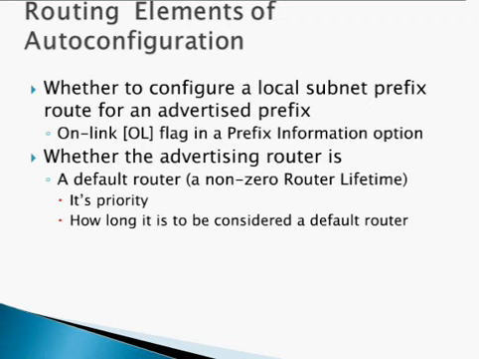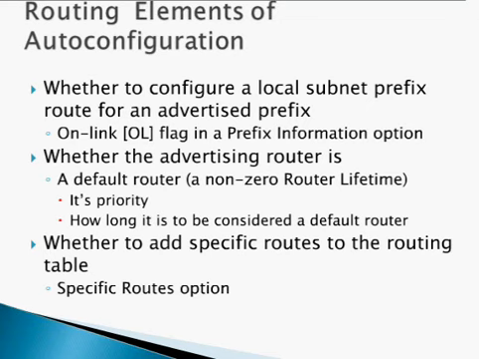And if that timer gets close to expiration, I may send another router solicitation to make sure it's still there, so I keep that default route in my routing table. And whether to add any additional specific routes to my routing table, and this is the specific routes option in the RA message. Okay, so a lot of addressing stuff and some routing stuff all being done in the same message, in the same RA that's being advertised by these routers.